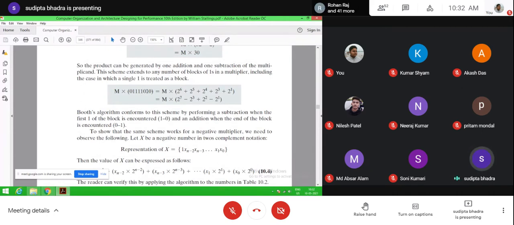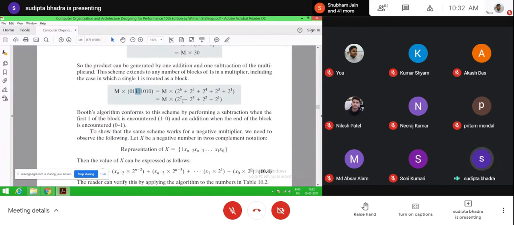So when the bit sequence is 1 0, the subtraction happens, and when the bit sequence is 0 1, the addition happens. This addition and subtraction happen when the bit value changes. If the bit value is 1 1, then there is no operation.